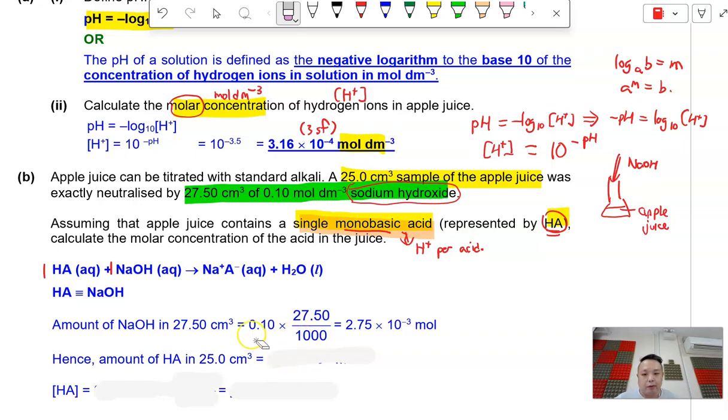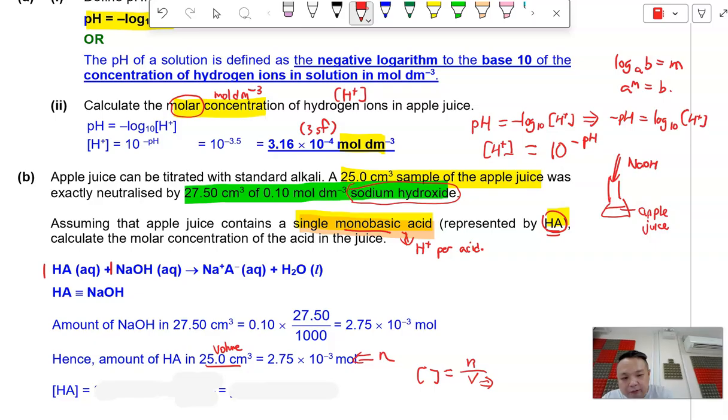Then for titration, exactly neutralize means that there's the same number of moles of HA and NaOH at this particular point. The amount of HA in the 25 cm cube you used for titration is 2.75 times 10 to the power minus 3 moles. To calculate concentration, this is your amount in moles, this is your volume, and concentration equals n over volume.